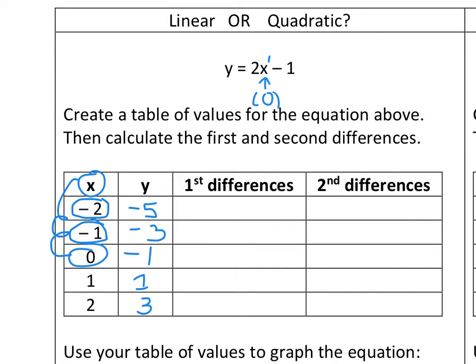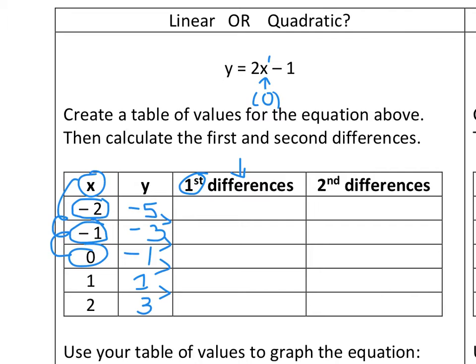So we know that this is linear already, so we can already anticipate what the answer is going to be for my first difference. Are they going to be all the same or all different? Constant or different for the first difference if it's linear? That's right, they should all be the same. So let's make sure that they're all constant.